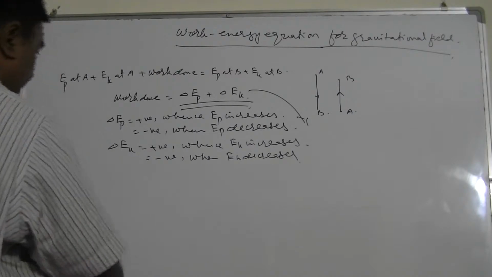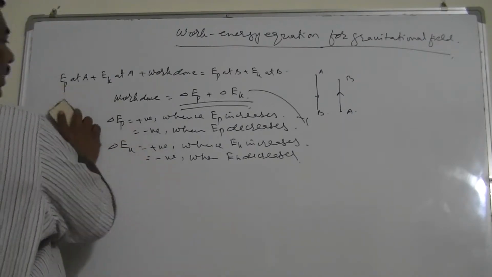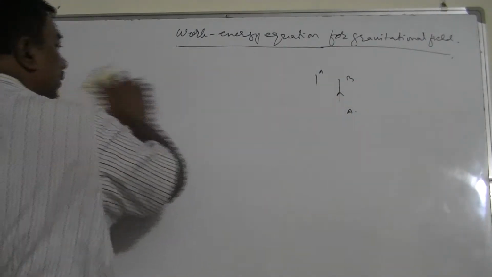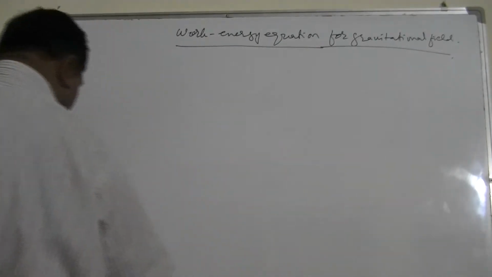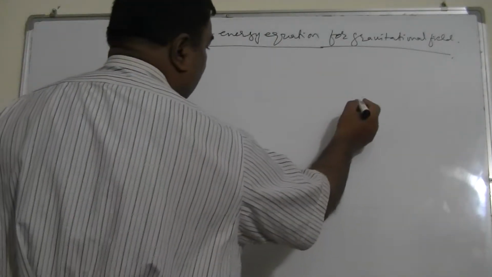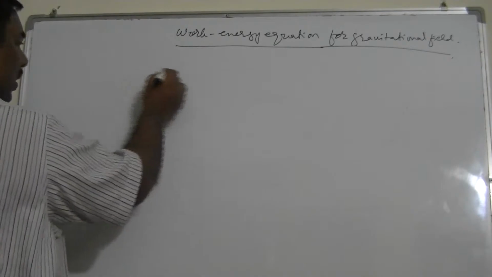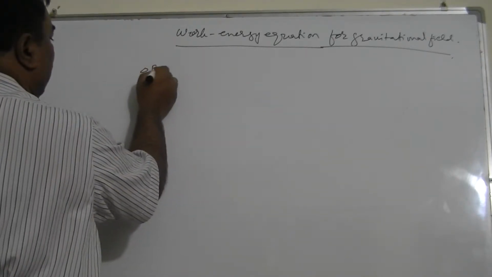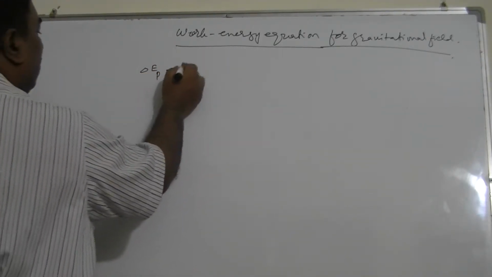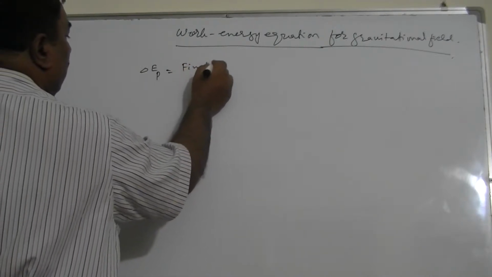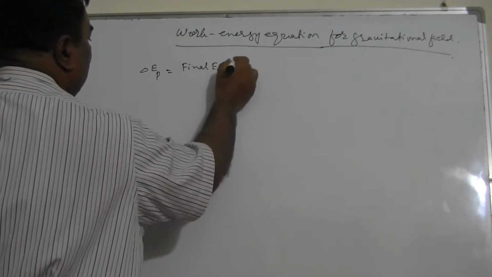Similarly, for example, suppose a body moves from here, how will you calculate delta EP? Actually, change is always calculated as final EP minus initial EP.